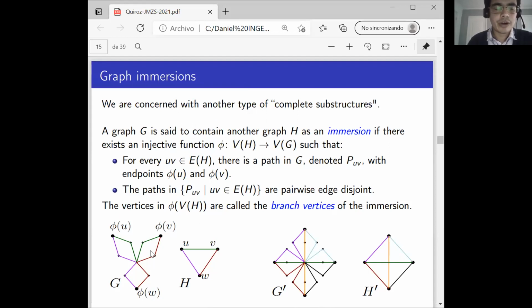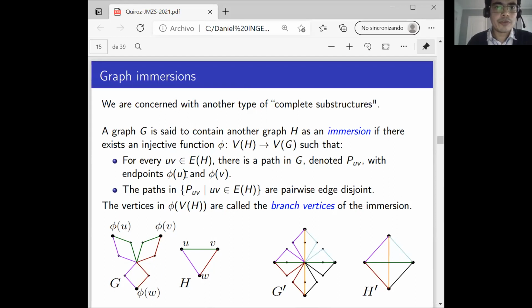We have a graph G over here on the left, and a graph H over here. And we want to see that G contains H as an immersion. So we have our vertices u, v, and w, and we're going to map them to these vertices here. This is going to be phi of u, phi of v, and down here phi of w.